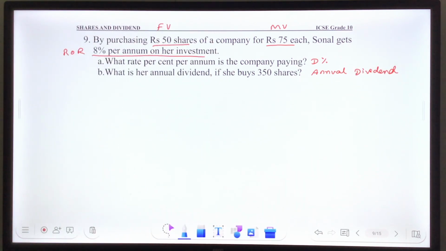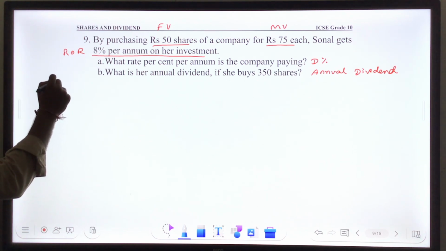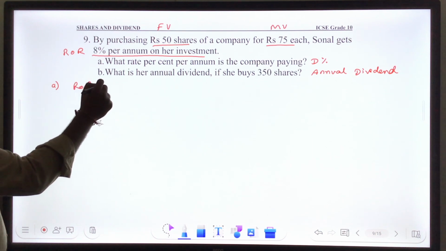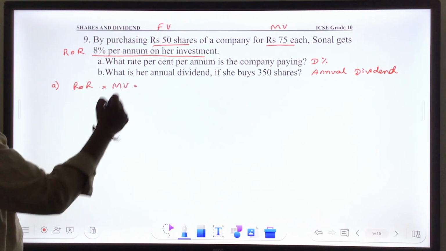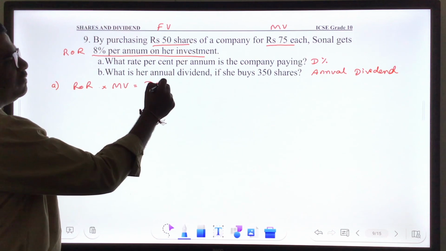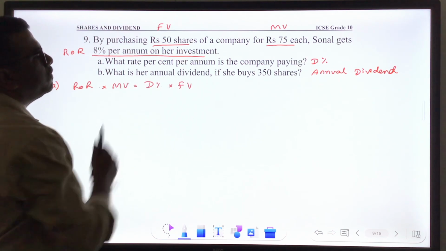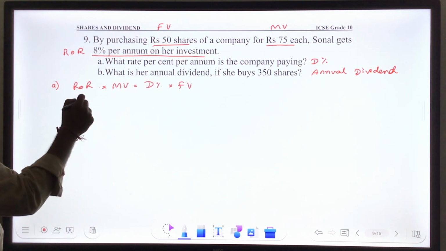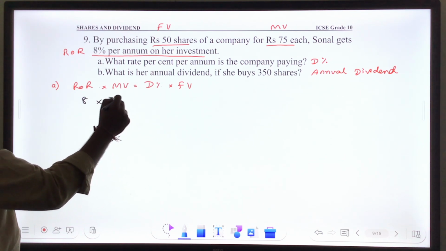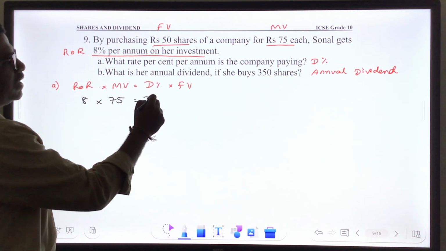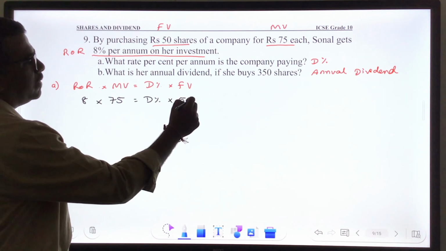So first, using the formula, rate of return times market value equals rate of dividend times face value. We get 8 into 75 equals D% into 50.